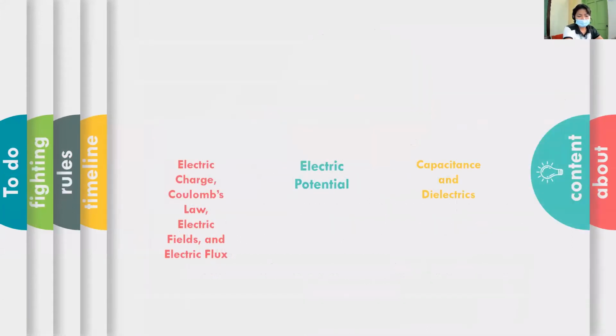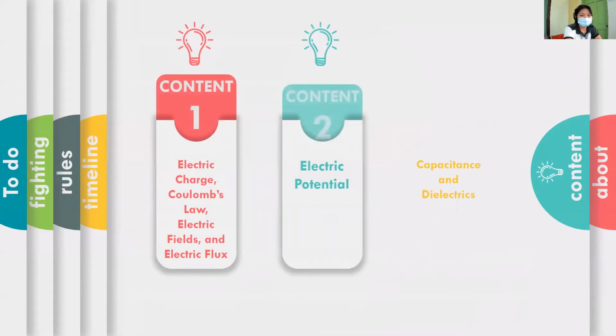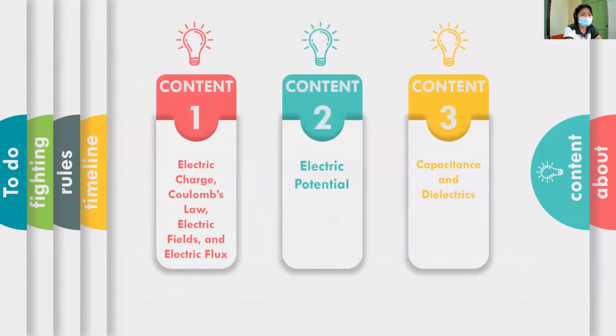Let's tackle the timelines or the contents that we will study. So, for content 1, we have electric charge, Coulomb's law, electric fields, and electric flux. Then also electric potential, capacitance, and dielectrics. So kung mapapansin nyo, talagang iikot yung ating discussion sa electricity and magnetic field.